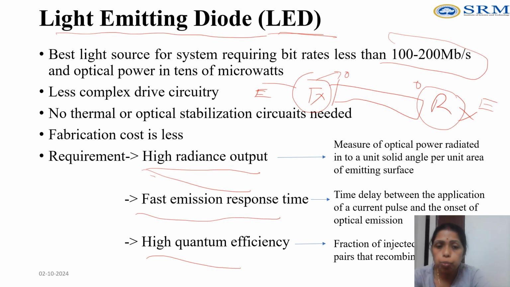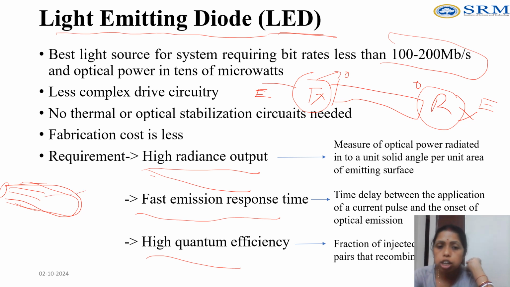High radiance output means the optical signal should have maximum radiation, maximum optical intensity, right? Radiance measures the optical power radiated per unit solid angle per unit area. That will be very high.